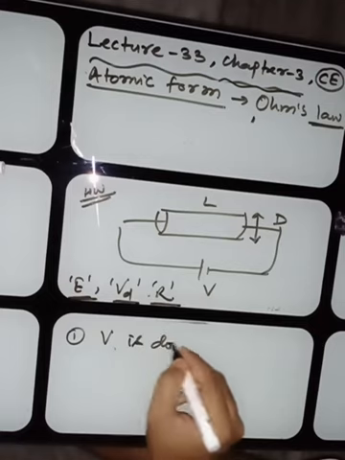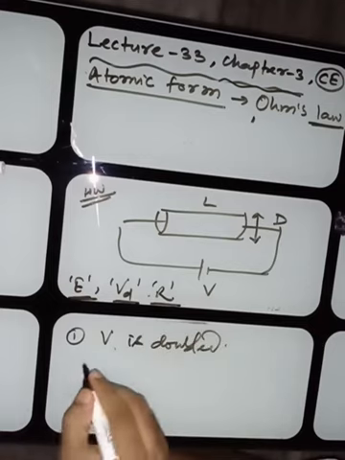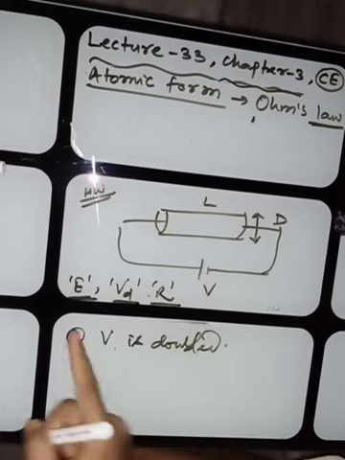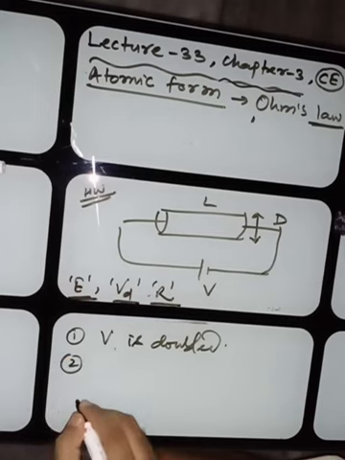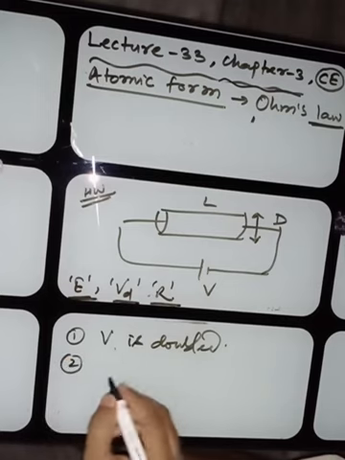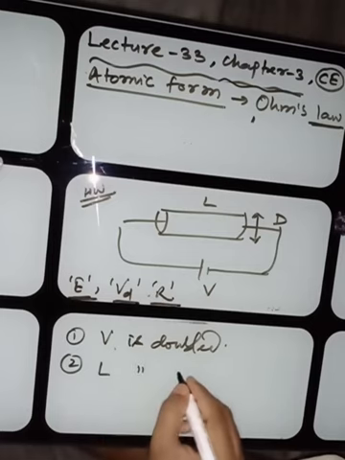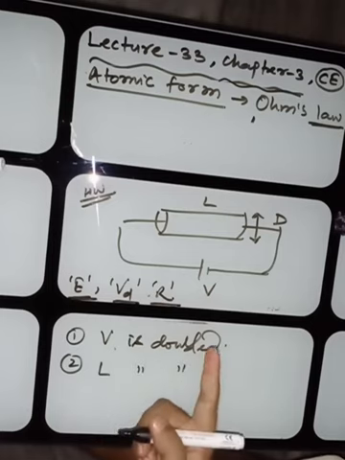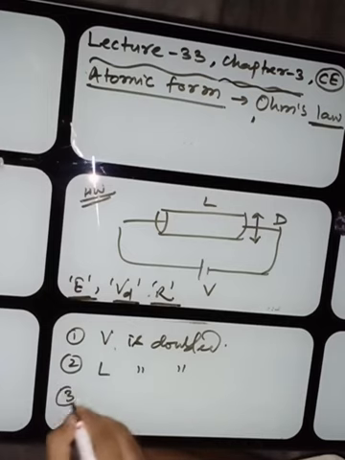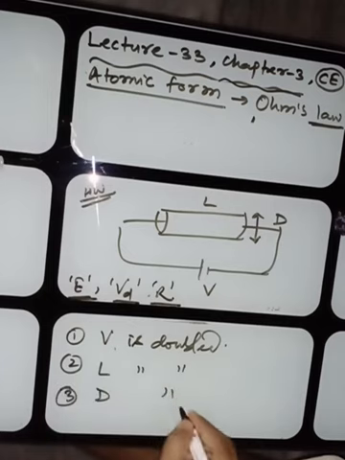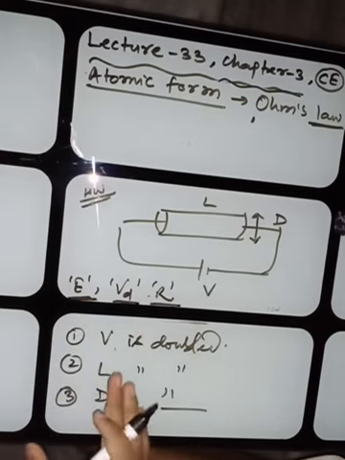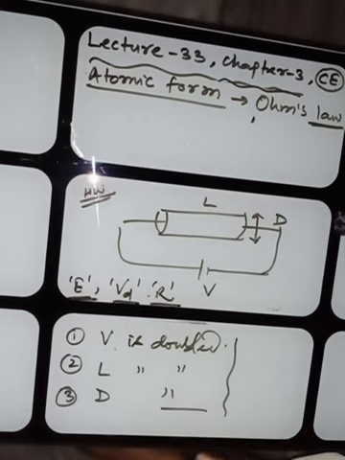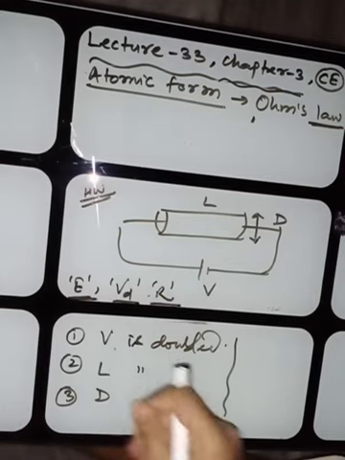If V is doubled, how will these three quantities be affected? You have to find out. Second, if L is doubled, if the length is doubled. And if D is doubled, if the diameter is doubled, how will these three quantities be affected? You have to find the answer. With this homework we are concluding today's lecture, my dear students. Thank you very much.